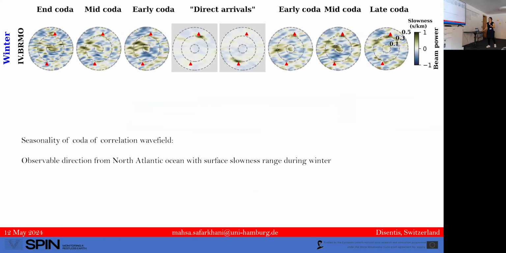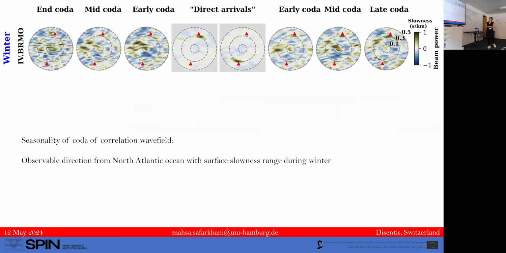In the first part, I retrieved the reference correlation for 6 months regarding the winter time. For example, this is the result for BRMO. We see a somewhat messy pattern for the secondary frequency range, and we can expect that because of the attenuation of surface waves in this frequency range and also some complex wave propagation.